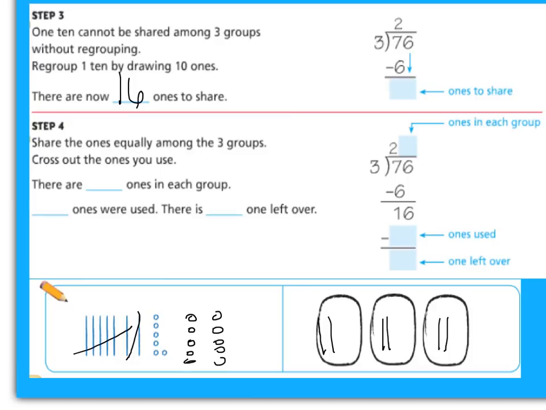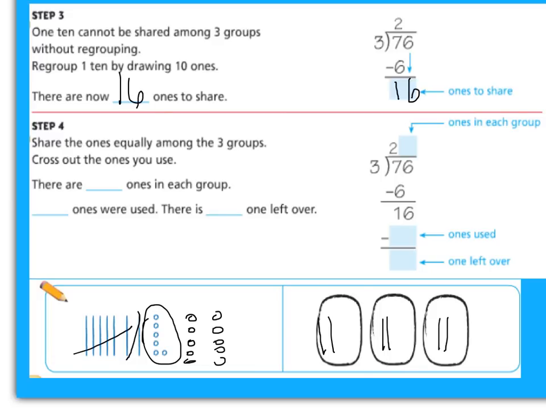So that means 7 minus 6 was 1 ten left over. I'm going to now bring down those 6 extras that I had before, and now we have 16 ones to share amongst the 3 groups equally.